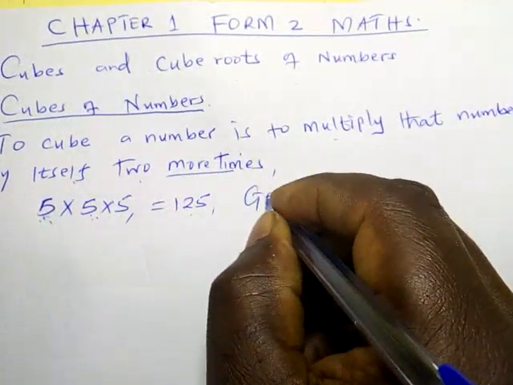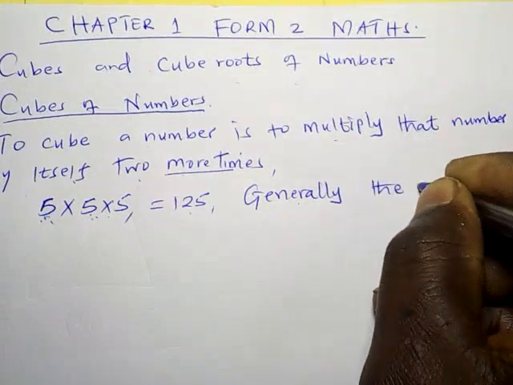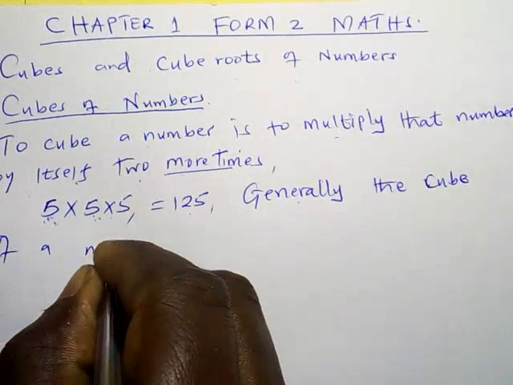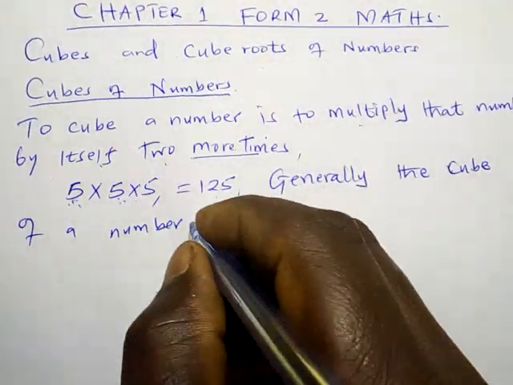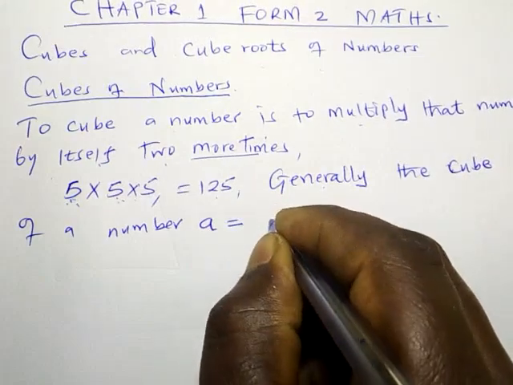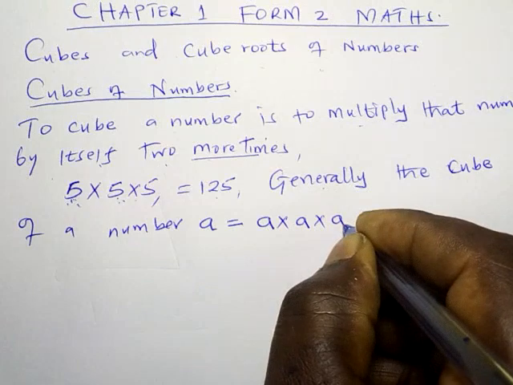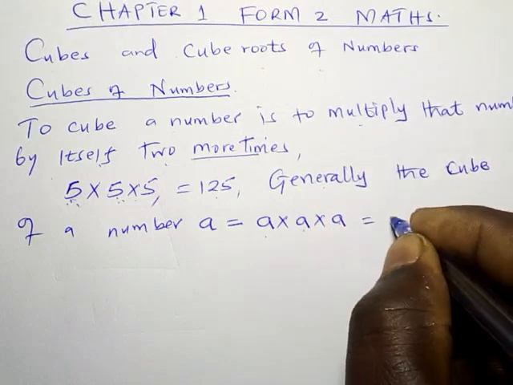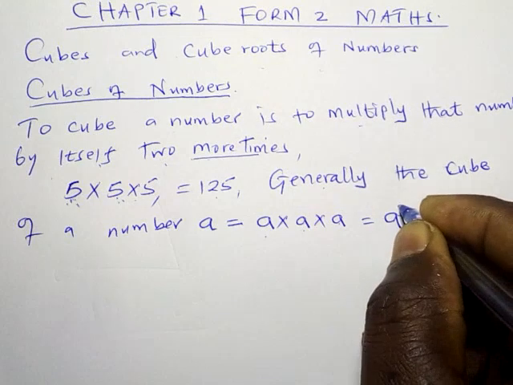So generally we can say that the cube of a number, say A, is equal to A times A times A. So A times A times A simply means A raised to power 3. Therefore, we write A cubed as A to the power 3.